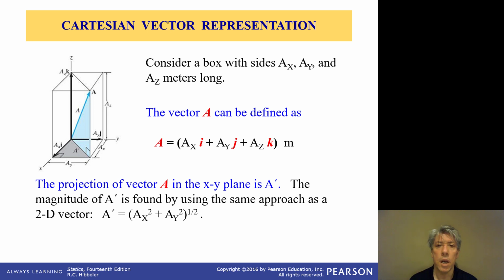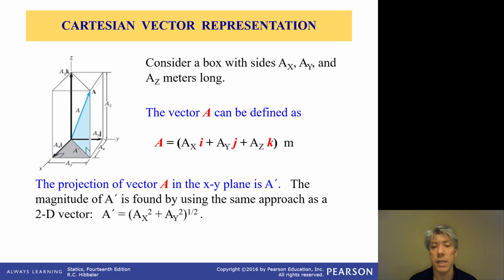Now the projection of the vector itself onto the xy plane is what we will call A prime. It's often very useful to imagine projecting the vector onto a plane to then later take that projection and break it down into its two-dimensional components on the x and y axis. And so then we could find the magnitude of A prime pretty easily.